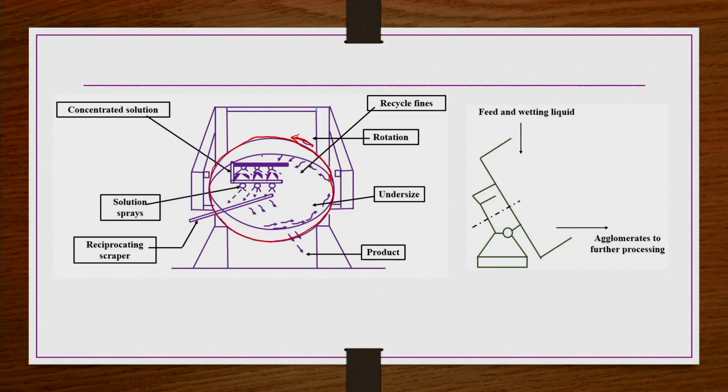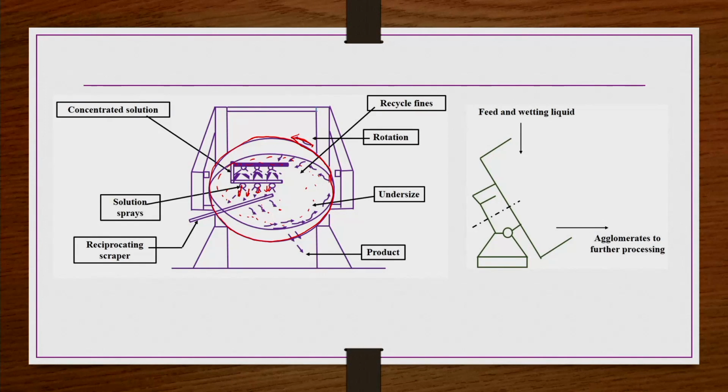There are concentrated solution chambers, bins or containers at the top, so they can spray these solutions continuously. The particles are also coming continuously here, and these continuously fed particles mix with the solutions or binders that we have used.